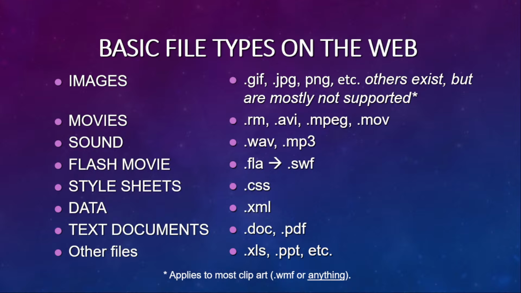The reason is that each time you save a file as JPEG, it drops quality. So for web design, it is better you save files as AVIF, which is not here, or as PNG, because these two will keep the quality of the image but make it a little bit smaller. AVIF makes it smaller than a PNG. So these are basic file types on the web.